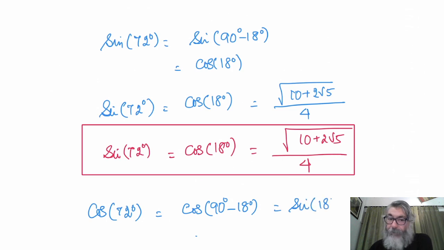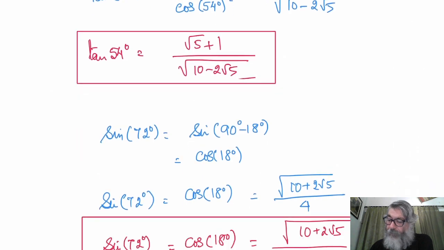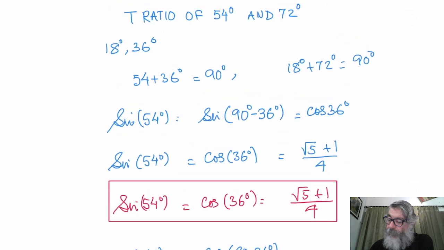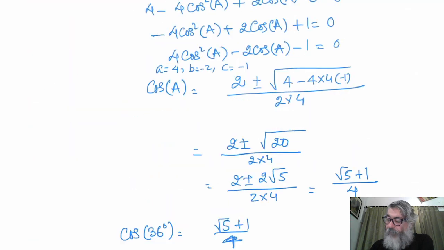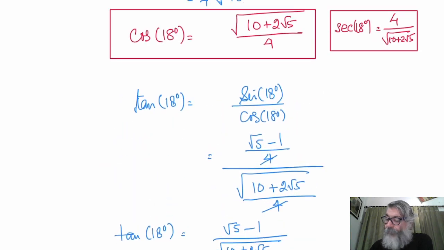So we can write cos 72 degree as sin 18, which is equal to root 5 minus 1 upon 4.